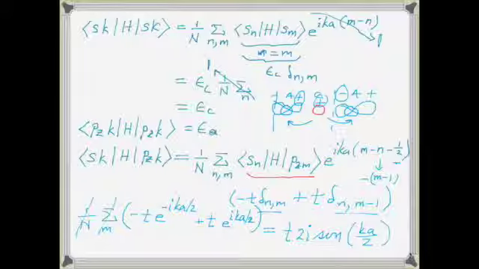Because sine of theta is e to the i theta minus e to the minus i theta, all over 2i. I'm just using the fact that sine theta is equal to e to the i theta minus e to the minus i theta all over 2i.